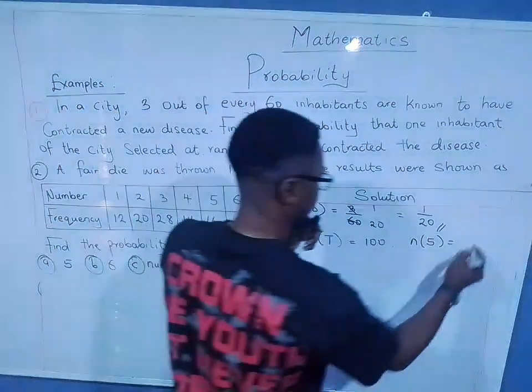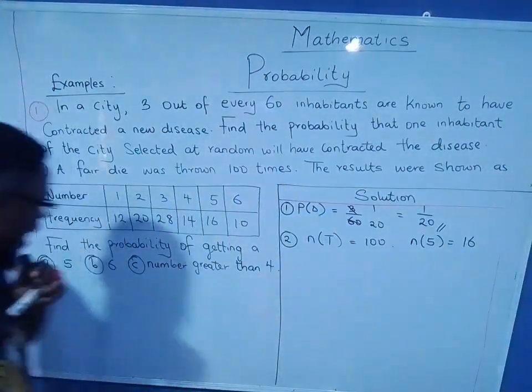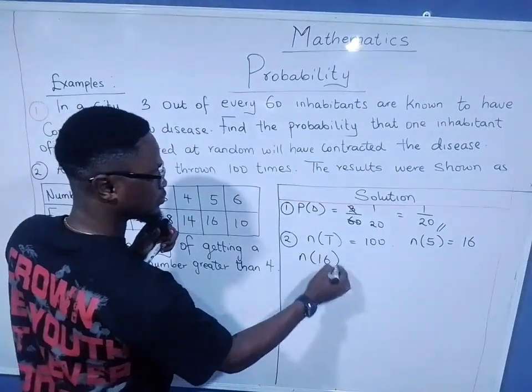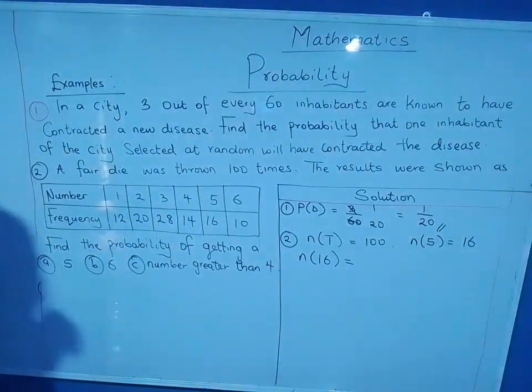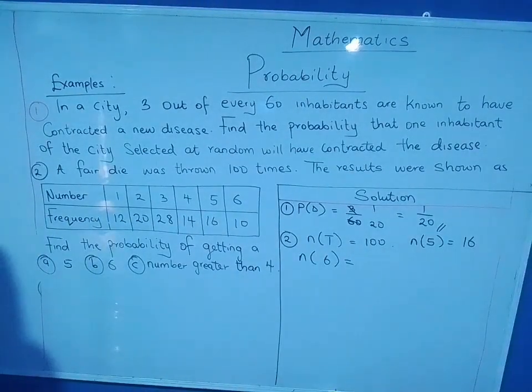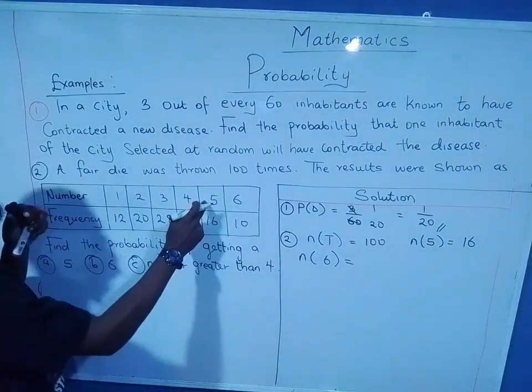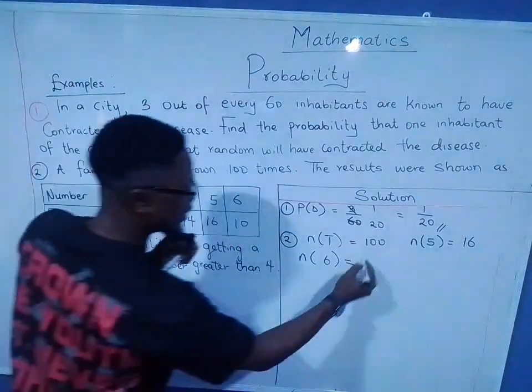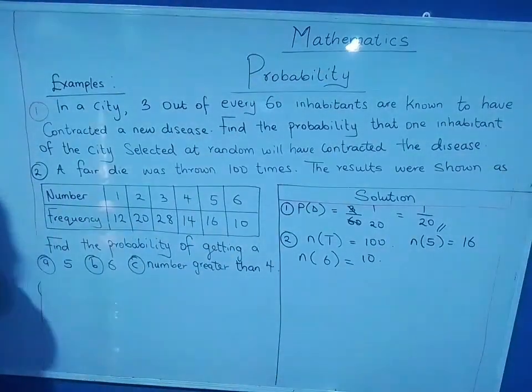Good. They asked us for 6 as well. What is the number of times that 6 came out from the table? 10. So 5 came out 16 times and 6 came out 10 times. So you can write that down.